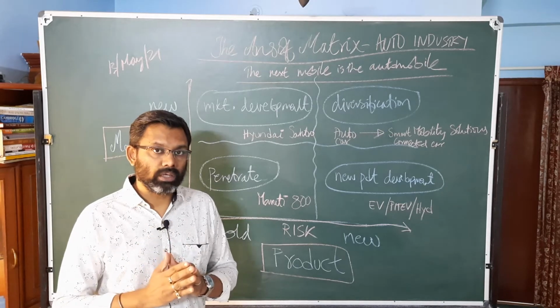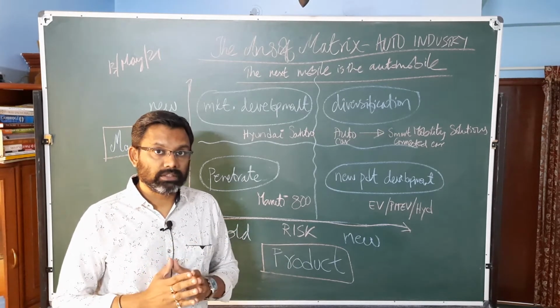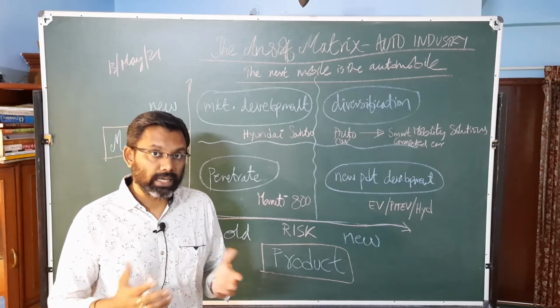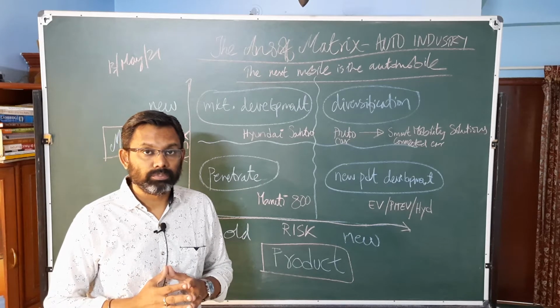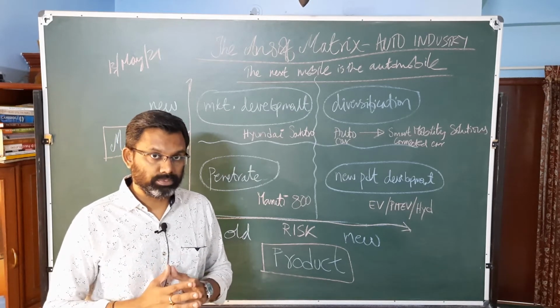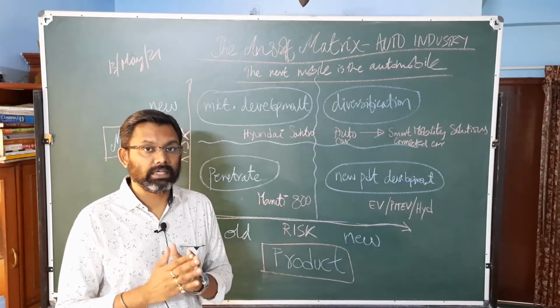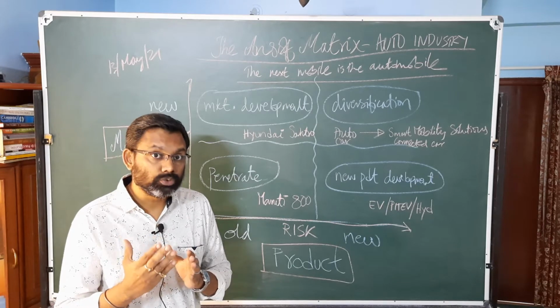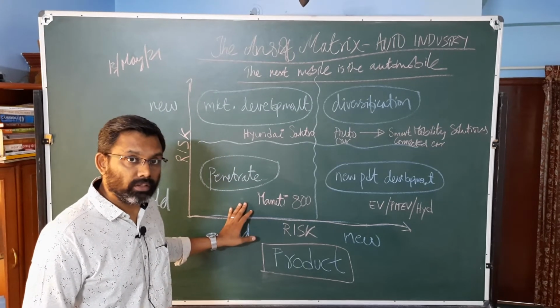And post 91, when the economy was liberalized, foreign investors were able to enter India, make investments and manufacture, produce and distribute. One such example of a joint venture which happened between the government of India and Suzuki Corporation of Japan was Maruti Suzuki.